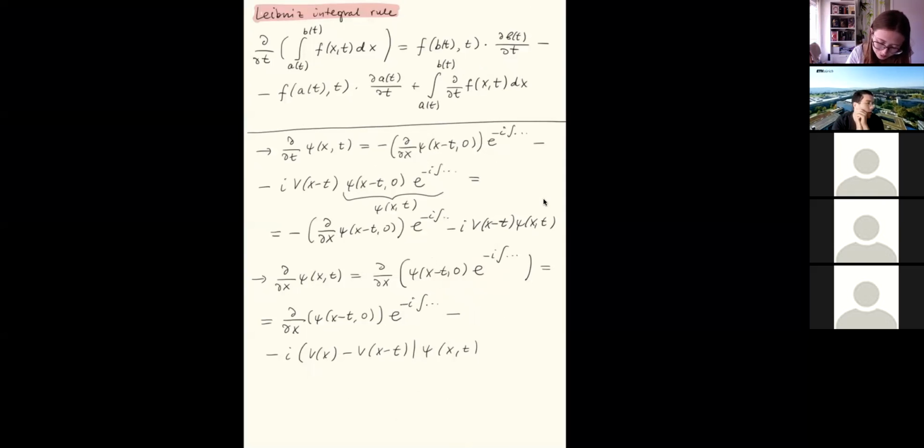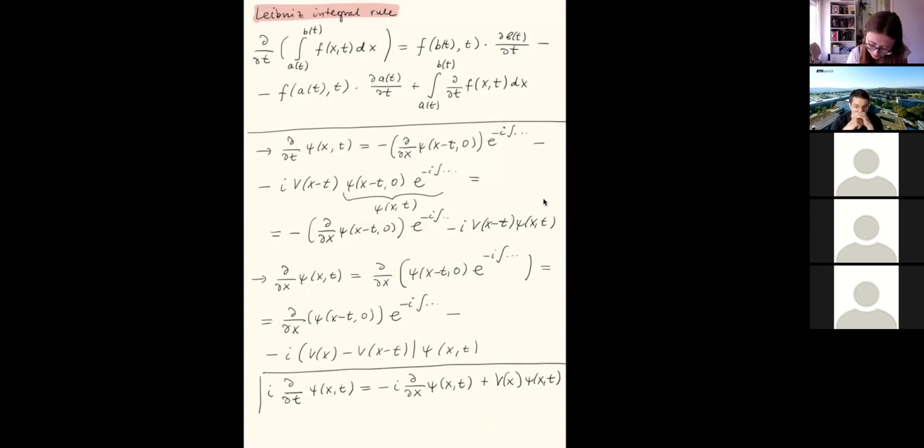So we just substitute, instead of the derivative with respect to t, this equation, and the derivative with respect to x.